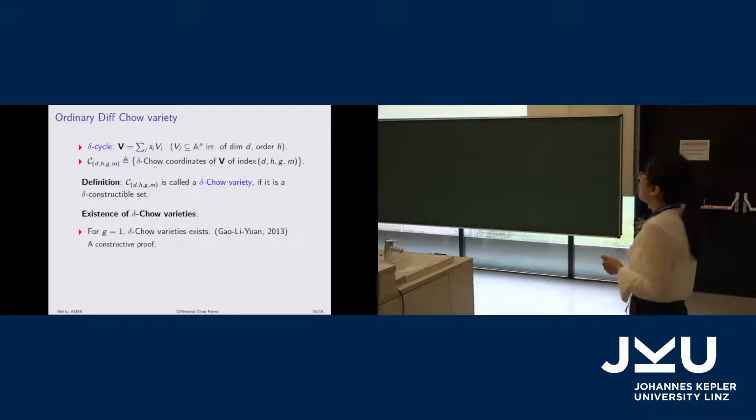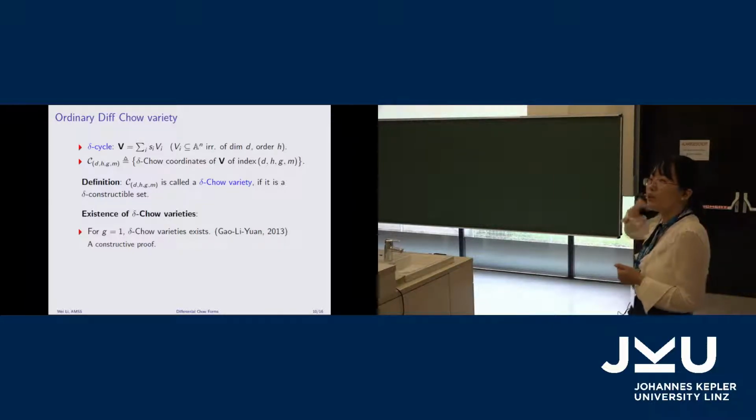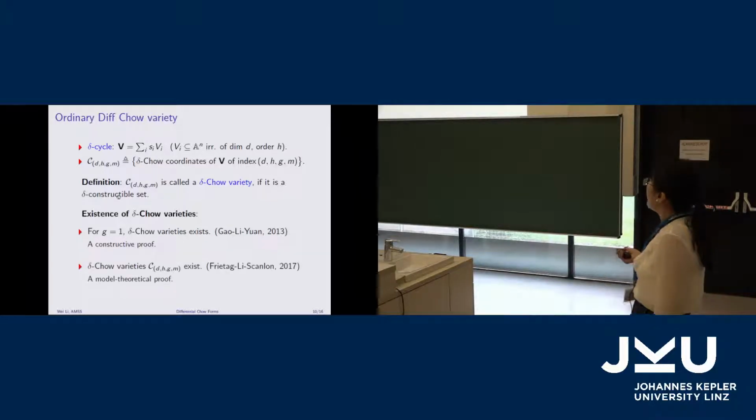But the good thing is it reminded me that model theory may be of help to this problem. So in 2014, I went to UC Berkeley to visit Tom for 1 year. And there we finally solved the problem with a model theoretical proof. So this is the theory for ordinary differential Chow forms and ordinary differential Chow varieties.